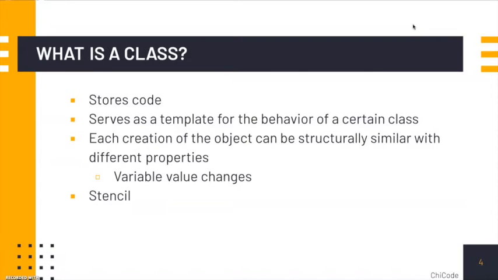To begin talking about an object, it's important to know what a class is. A class stores code and it serves as a template for every instance of this certain class that is created. Every instance of this class will have similar behavior because they all have the same template, which is that class. Now this class serves as a stencil. So you can think about it as when you are using your stencil to draw something, for example.